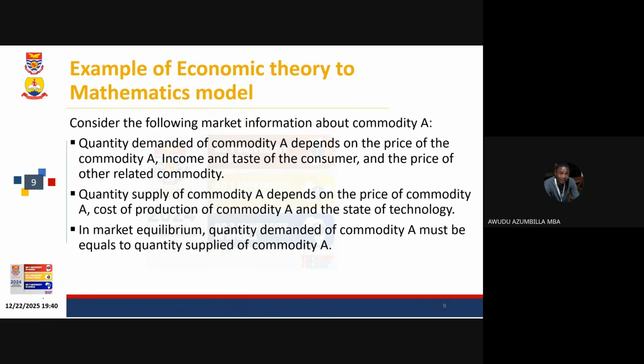But when we talk about an economic model, we are talking about the formal representation of economic theory. And it helps us translate the ideas and the principles into well-structured equations.